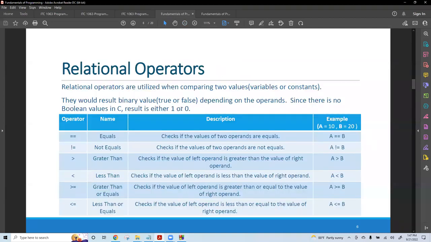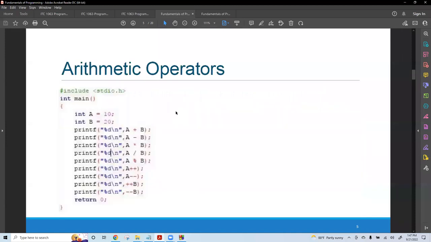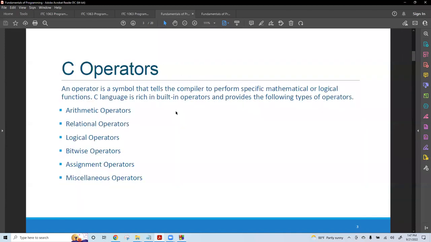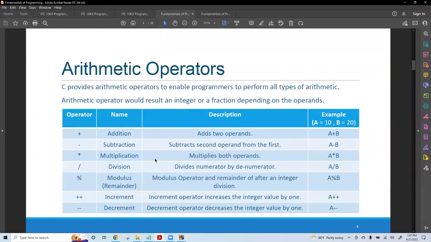Last Wednesday we started discussing operators, and then we discussed arithmetic operators, and then the increment and decrement operator.